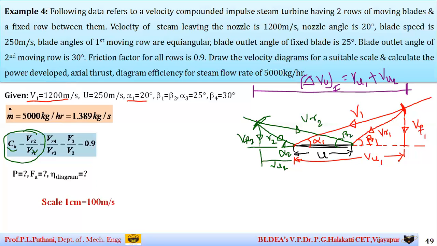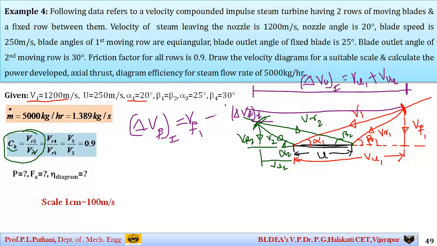Similarly, this height, from this end point, from here to here, we mark as delta VF for the first stage, Roman 1. I write it as VF1 minus VF2.